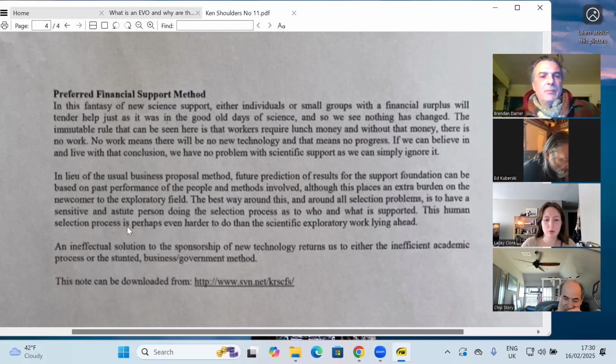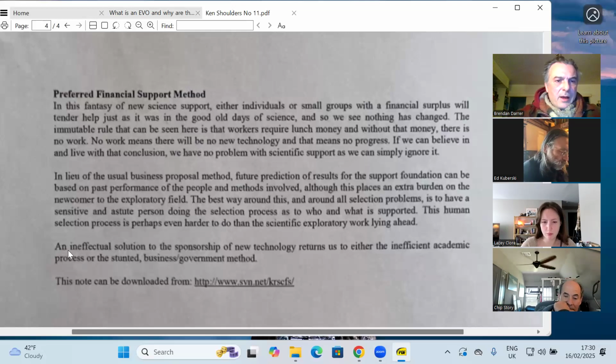This human selection process is perhaps even harder to do than the scientific exploratory work lying ahead. An ineffectual solution to the sponsorship of new technology returns us to either the ineffectual academic process or the stunted business government method.